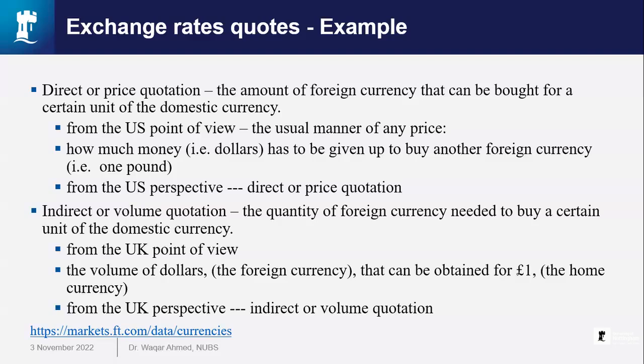So the same quote, from a British citizen's point of view, or UK perspective, will translate into the volume of dollars, that is the foreign currency, that can be bought or obtained per unit of home currency, which is the British pound. So from a UK perspective, it's an indirect or volume quotation.